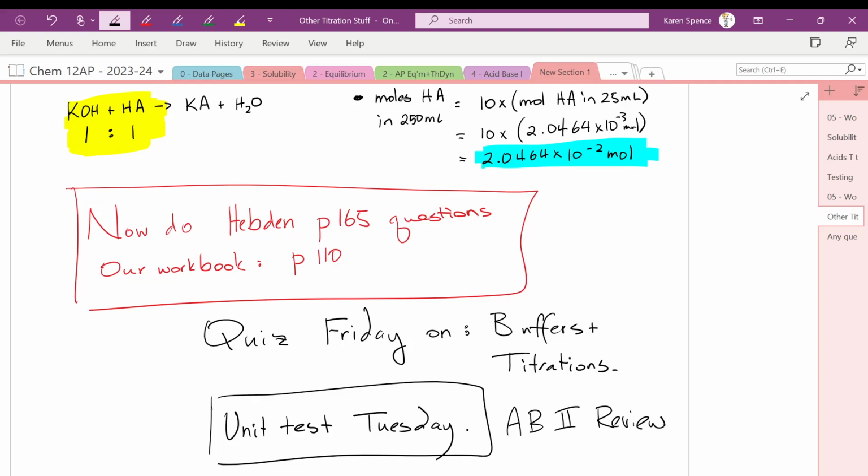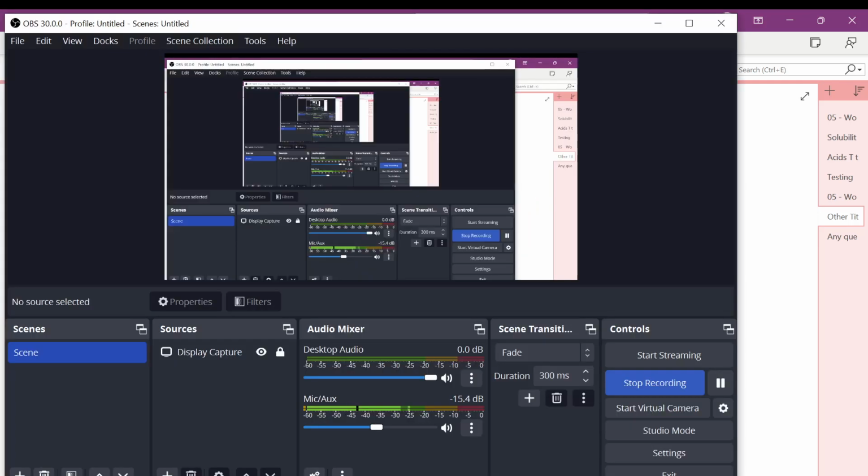Maybe this would come as multiple choice and you'd just be good doing that. If you keep your milli here, that milli will carry all the way through. Oh, okay, thank you.